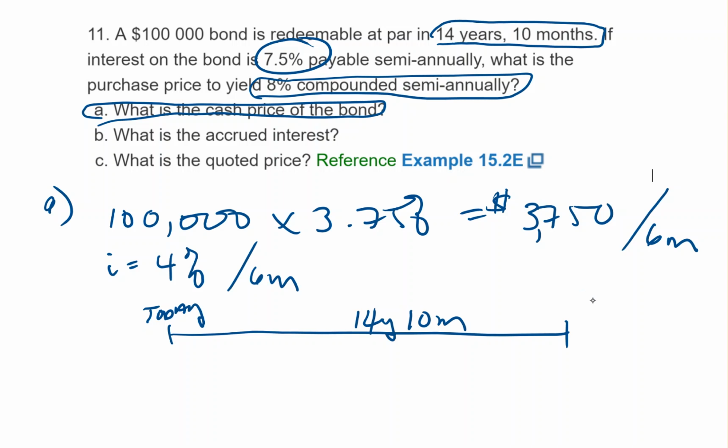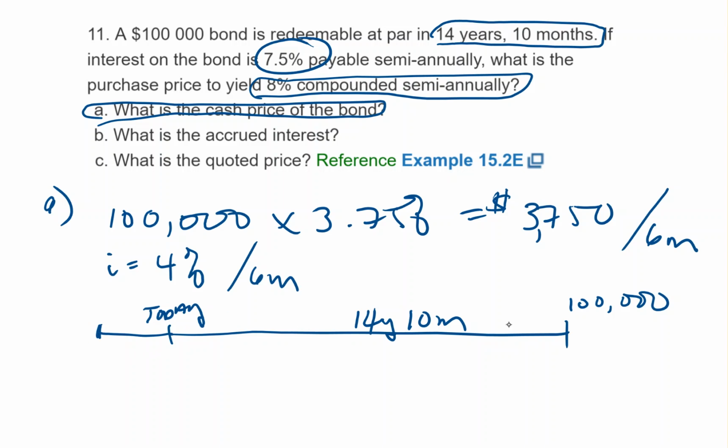It's redeemable at par, so $100,000 at par in 14 years, 10 months. However, we need to find the previous interest date, the interest date preceding the purchase date. Preceding means before, and I know it's every 6 months.